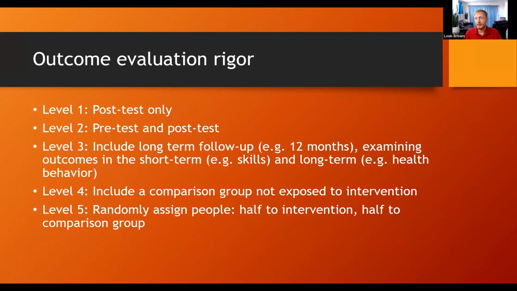If you had a comparison group, you would likely see that you actually succeeded, because as youth get older, rates of use increase as you move through the grades of high school and middle school. And so you would see in the comparison group the rates of use are going up, and look, in our intervention group, the rates of use were flat, and that's actually a success that you might not otherwise notice.